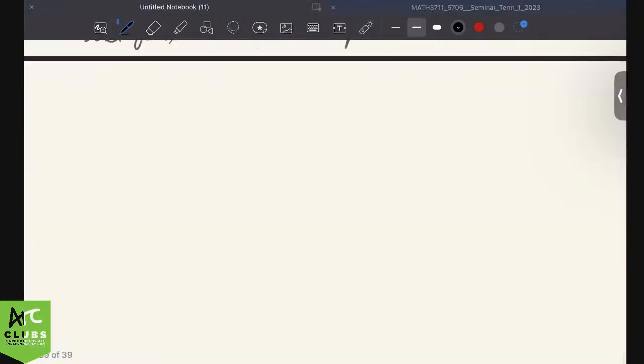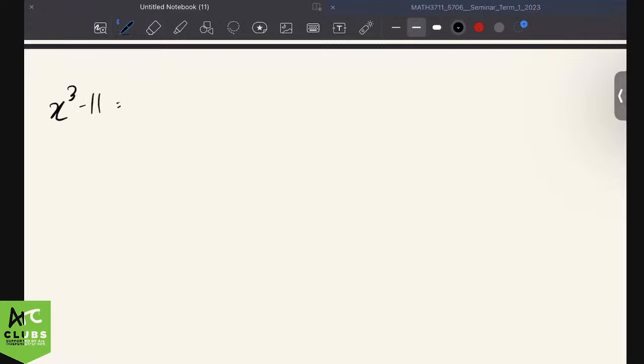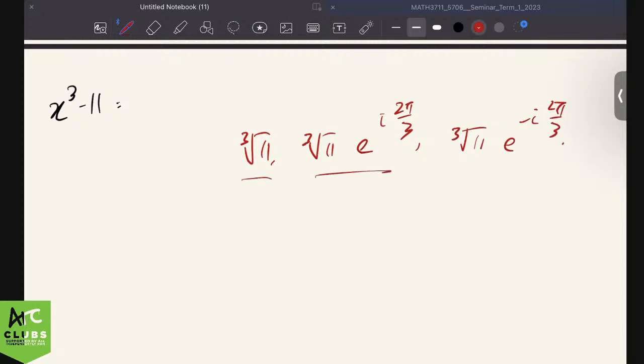You want to find the splitting field. So it should be 2 pi on 3. But yeah, for example, you want to add them one by one.